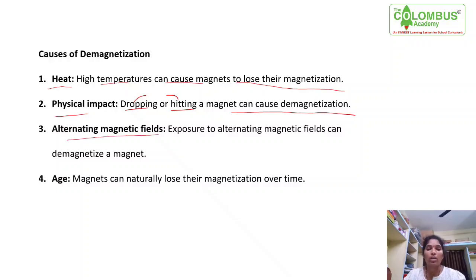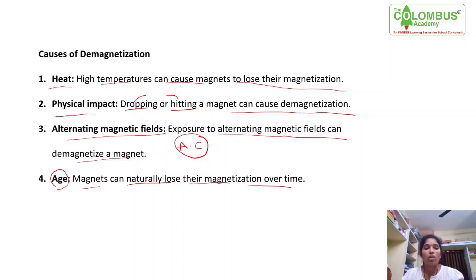Alternating magnetic fields: exposure to alternating magnetic fields, that is AC, alternating current, can demagnetize a magnet. Age: even if magnets get old, they can naturally lose their magnetization over time.